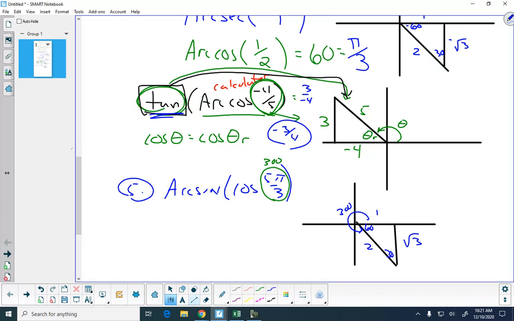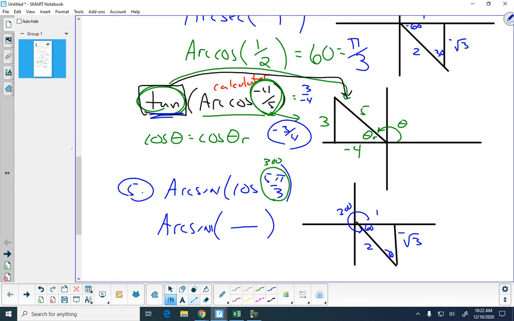Okay, anything going downward to the left, so I have a negative here. So within our triangle, what is the cosine of our triangle here? Colder, what do we have? Was it 1 over 2?